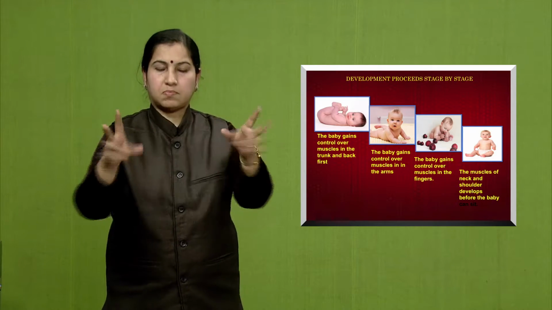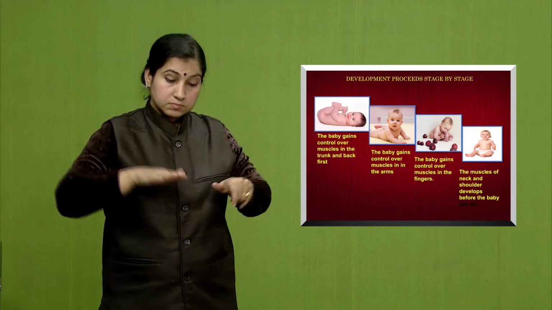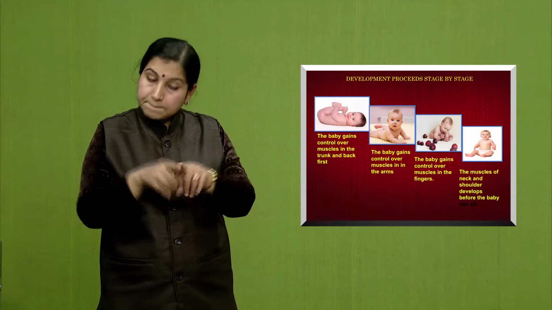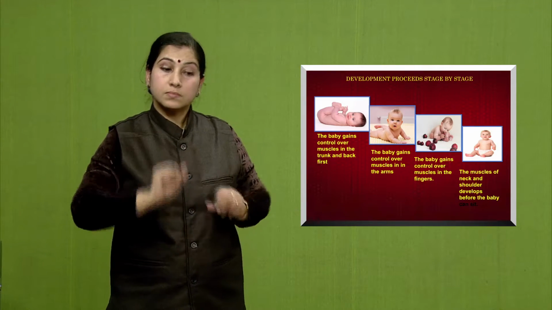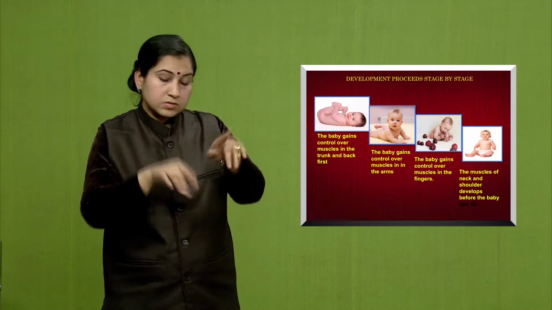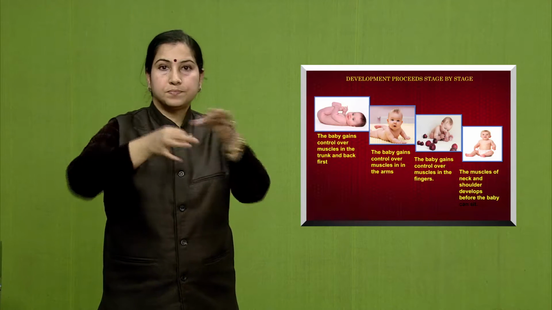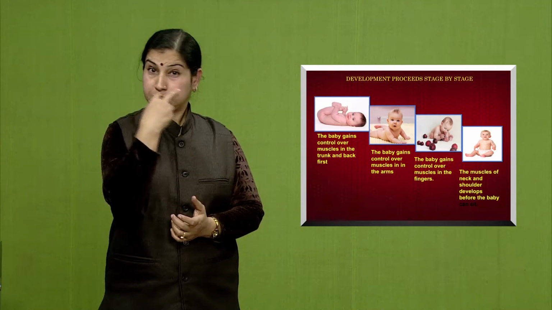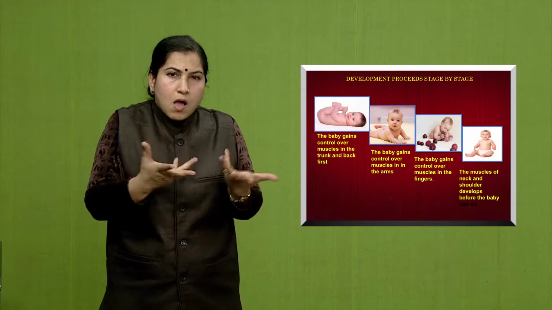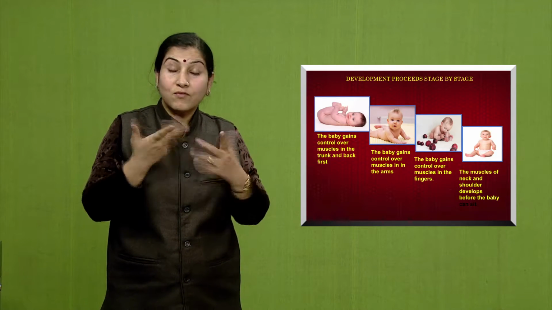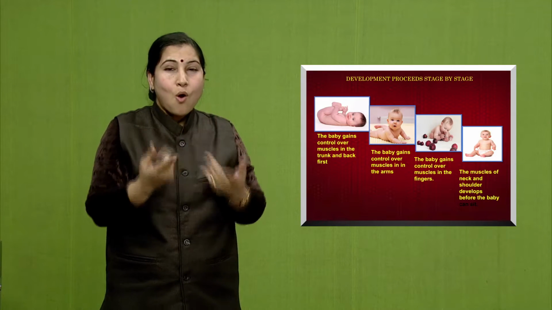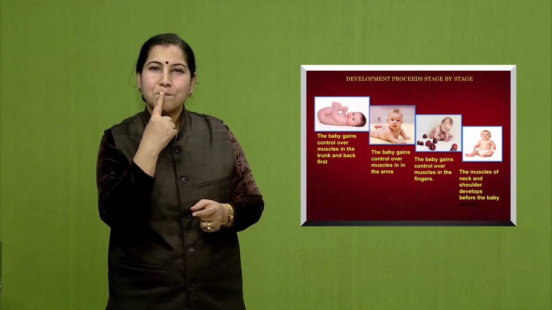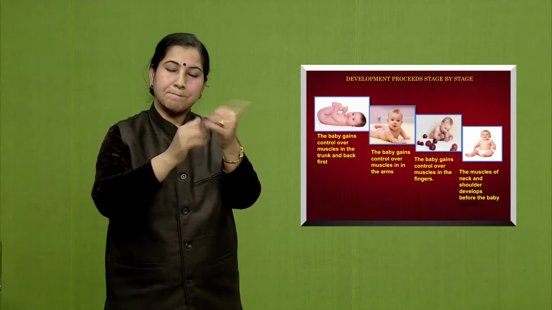All children pass through these stages of development at or around the age levels suggested for them. For example, speech gradually develops from cooing, babbling, monosyllabic sounds to complete sentence formation.